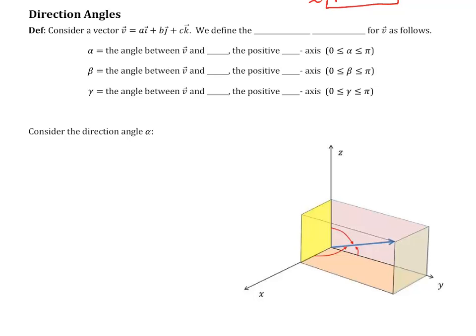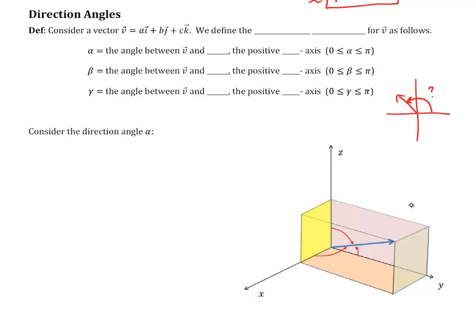Lastly, we want to describe the direction of a vector in 3 space. Instead of just describing its components, we want to be able to describe what direction it goes in. When you're in 2 dimensions, that's actually pretty simple. You just put it into position form and you say what angle does it make with the positive x-axis.